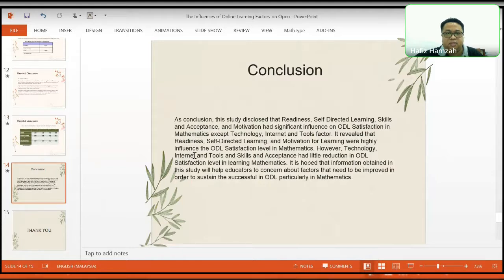However, technology, internet, and tool skills and skill and acceptance had little reduction in ODL satisfaction in learning mathematics. So it is hoped that the information obtained in this study will help educators to be concerned about the factors that need to be improved in order to sustain success in ODL, particularly in mathematics.